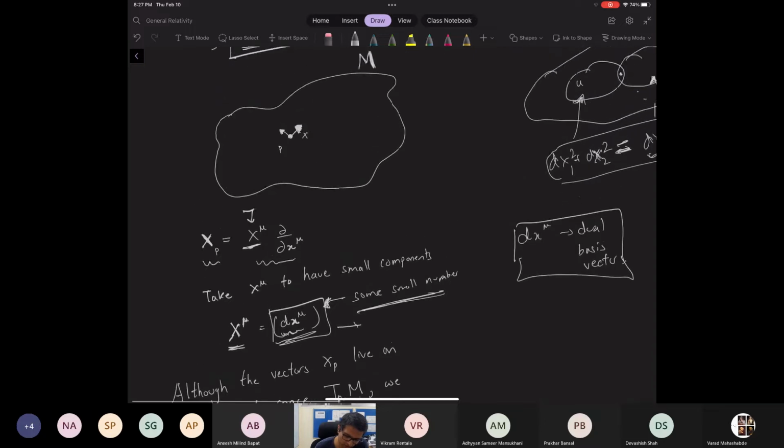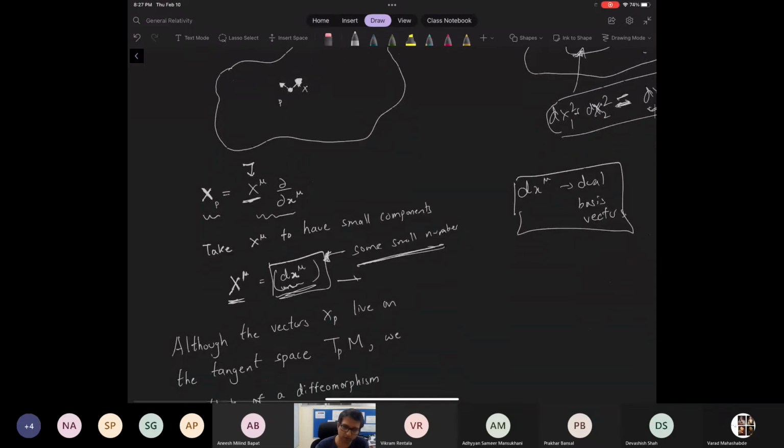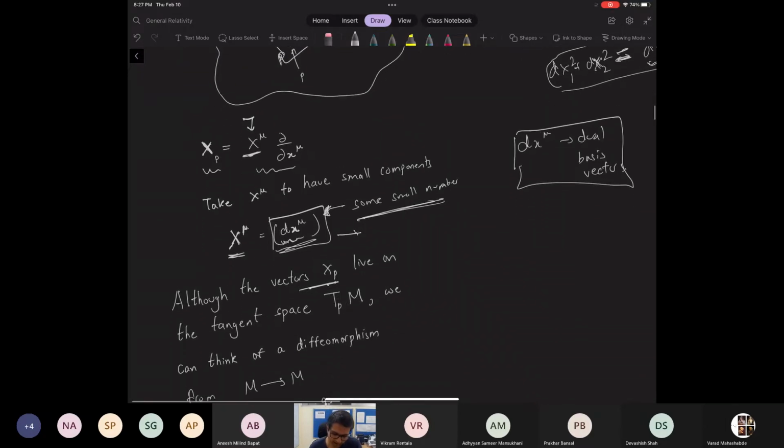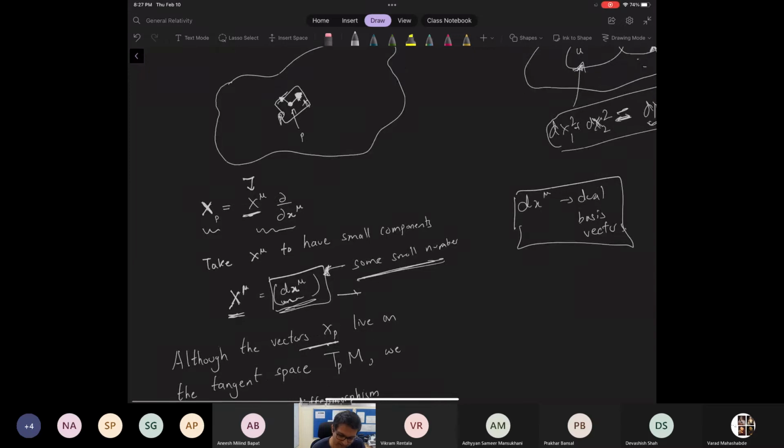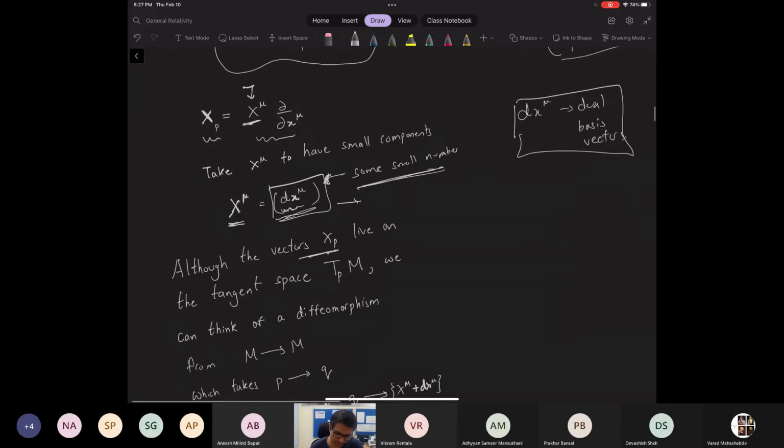Now, one important thing that I'm not going to work out, at least in these classes, is that although these vectors X_P live in a tangent space which is defined at a point P, they live at this particular point P. We can actually think of these vectors X as generating a diffeomorphism from the manifold to itself.